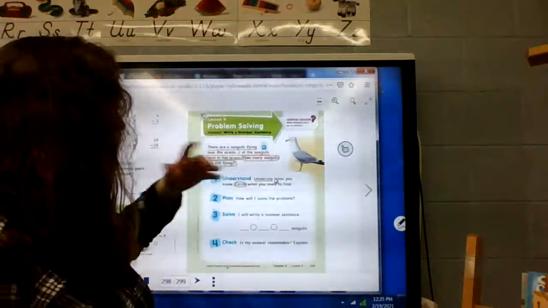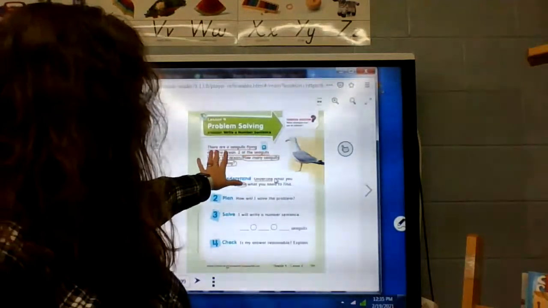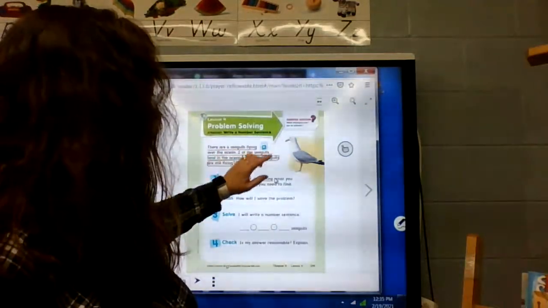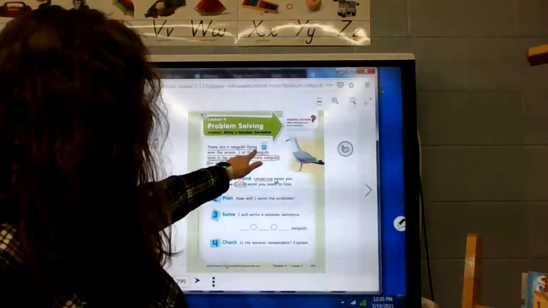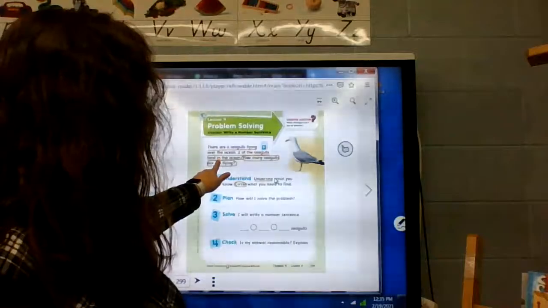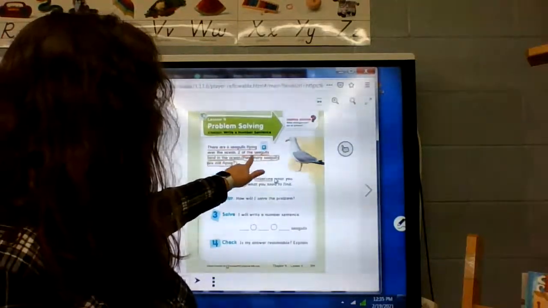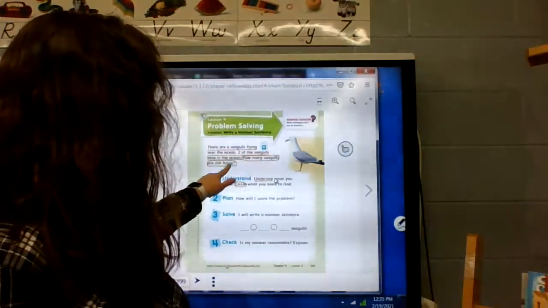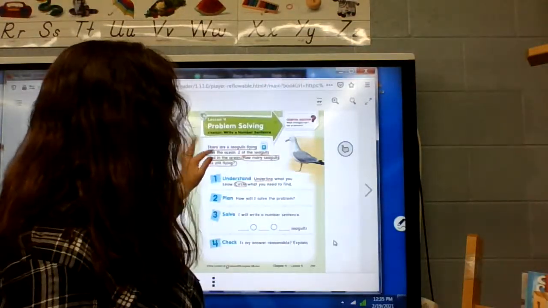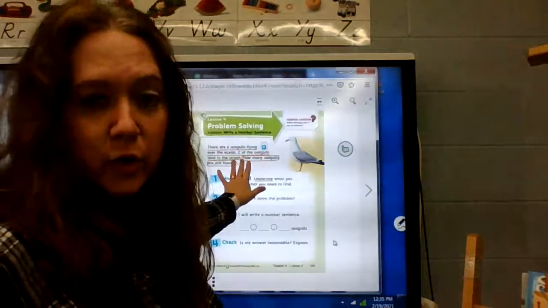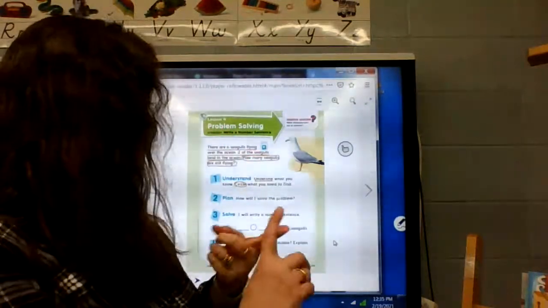Problem solving. So the example: there are 6 seagulls flying over the ocean. 2 of the seagulls land in the ocean. How many seagulls are still flying? So we underline what we know. We know, they already did this for you, there are 6 seagulls flying over the ocean.